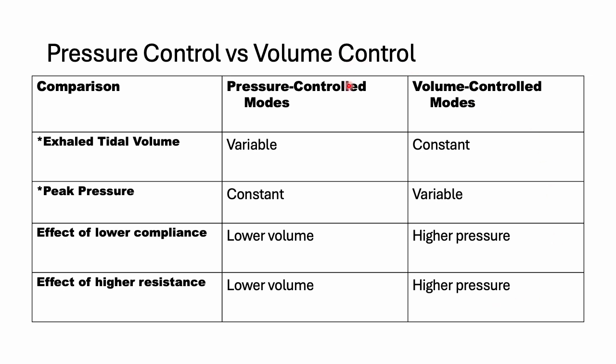Okay, then contrasting that to pressure controlled ventilation, because the pressure is the one that is set, your peak pressure that is measured should be the same as the sum of the inspiratory pressure and the baseline PEEP that is set. Let's just say in this case we set an IP of 15.